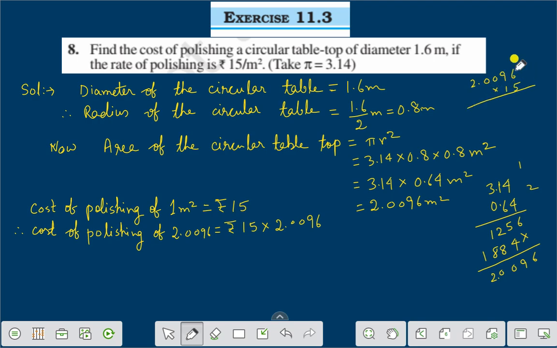If you multiply this one, 5 times 6 is 30, 3, it is 0. 5 times 9 is 45, 45 plus 3 is 48.